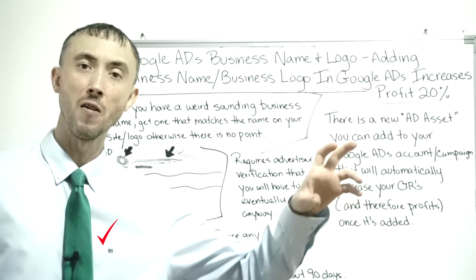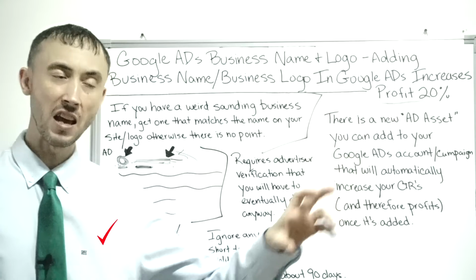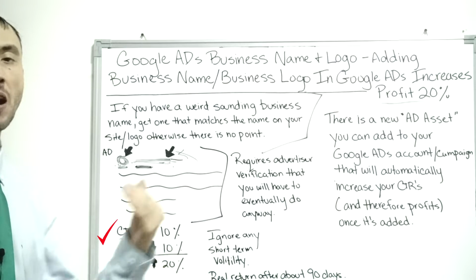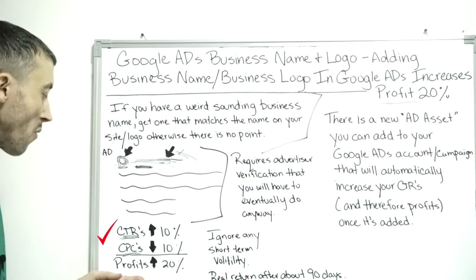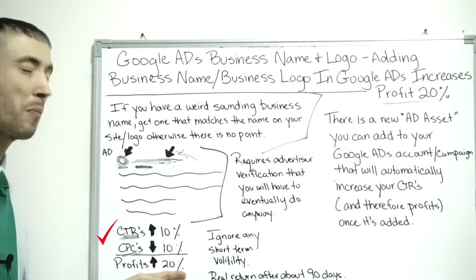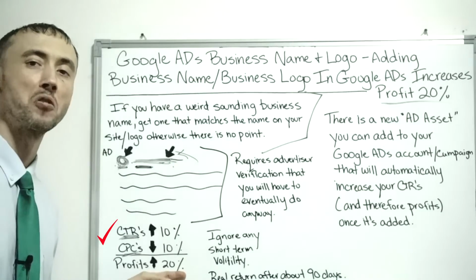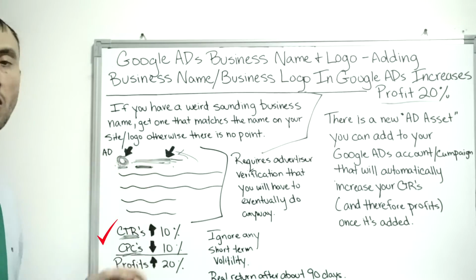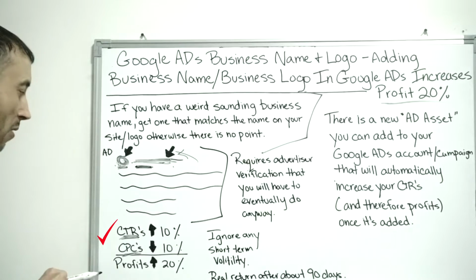It's based upon a few hundred clicks worth of data, and then it's going to lower your cost per click around 10%. Then your overall profits that you're making is going to go up. You're going to have your full 20% increase in profits through adding this logo and business name to your account.